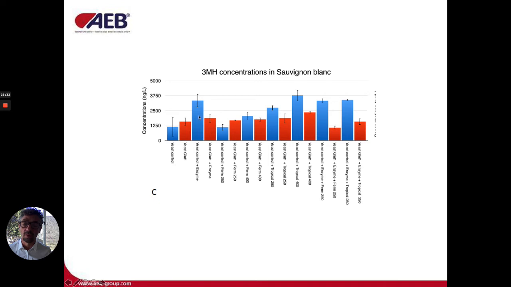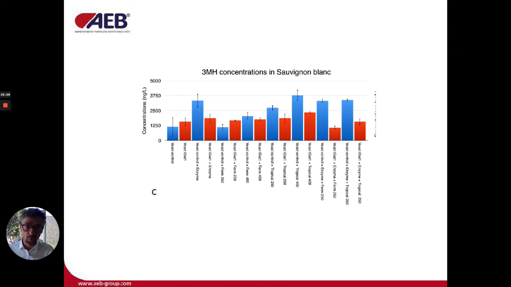Whereas as soon as you start adding things that help the metabolism and the transformation of these thiols, this other control yeast produces more of the thiols, especially when this enzyme thiol, the carbon sulfur lyase, is used, or the Thermoplast Tropical, this nutrient with a high content of glutathione and cysteine. So this Thermoplast Tropical matches the result of the enzyme addition.